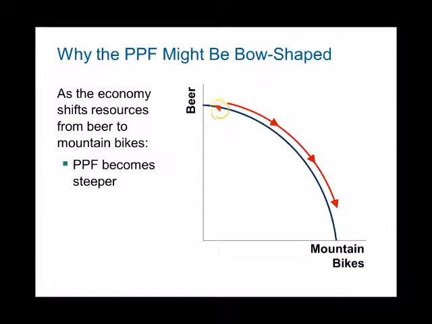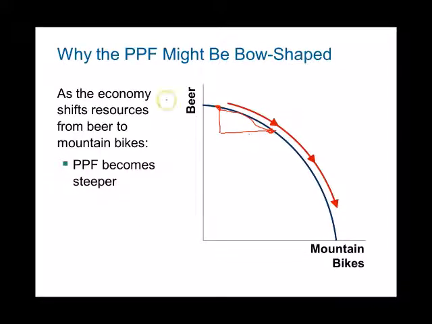if I start saying, all right, we need to produce more mountain bikes and less beer, as we go down this way, we're giving up production of beer by that much, but in effect we're getting a lot more mountain bikes. This is because the people moving away from beer production to mountain bikes are probably the ones making the crappy beer, like Coors Light or Natural Light or PBR, you name it.